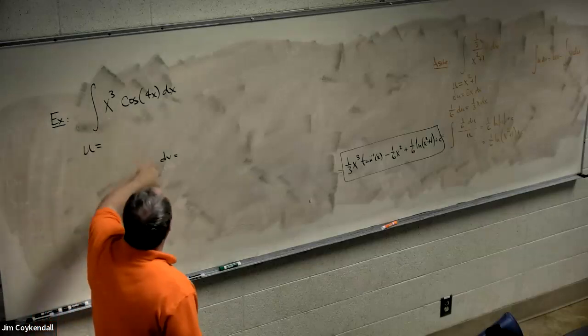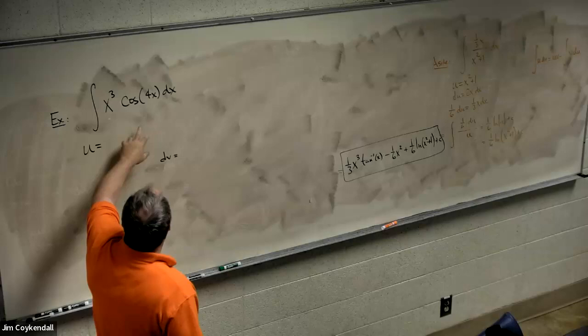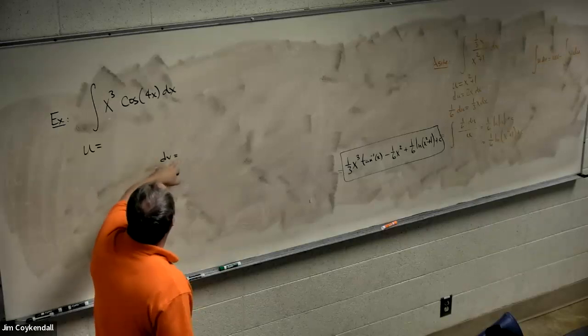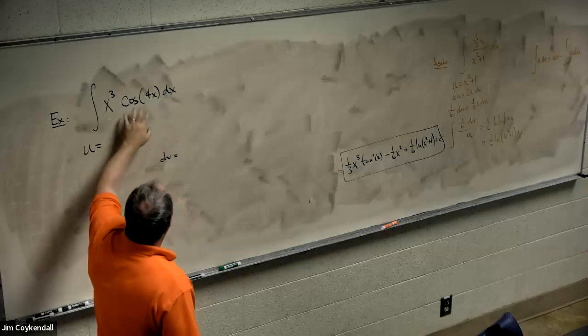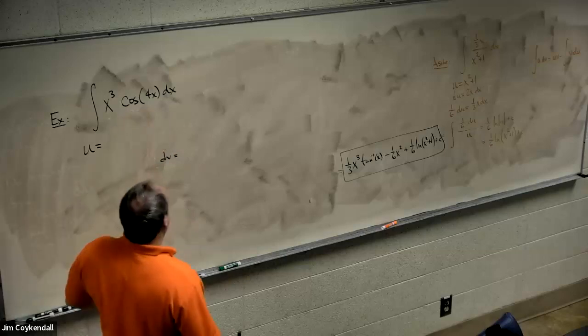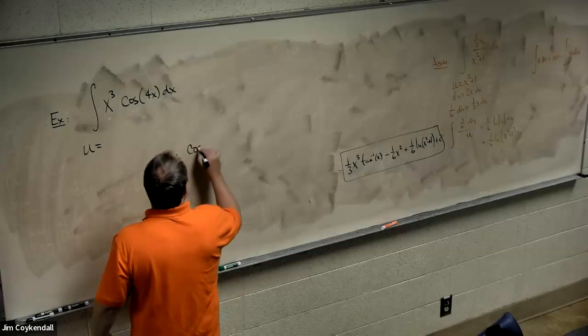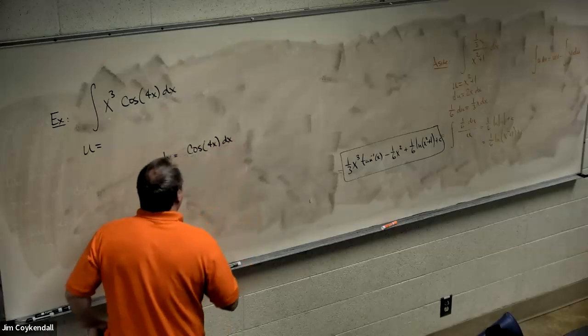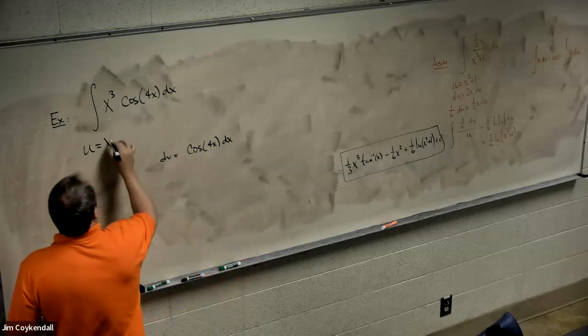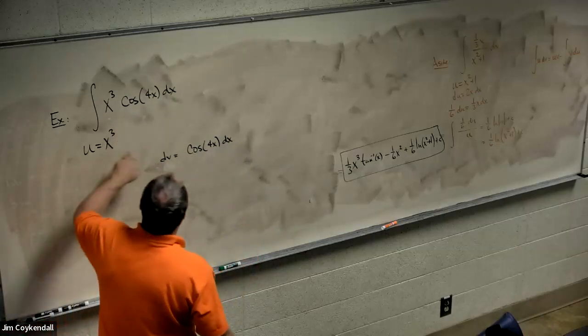Well, right, but when I do the x cubed, if I make that my dv, that's going to increase. Cosine is, I consider, sort of, it's a matter of opinion, a more complicated function. I can sort of do that in my head. This is going to leave me with x cubed, so I've got a match here.